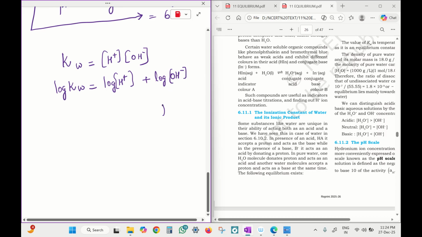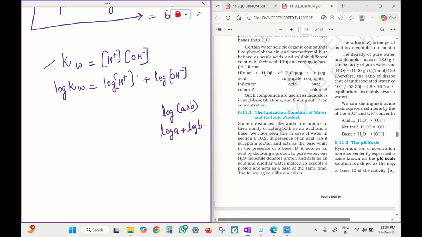How did we get that? We know that log of A into B will become log of A plus log of B. So we have applied this only. When I apply log on both sides, log of Kw, log of H+ into OH- can also be written as log of H+ plus log of OH- ion concentration.